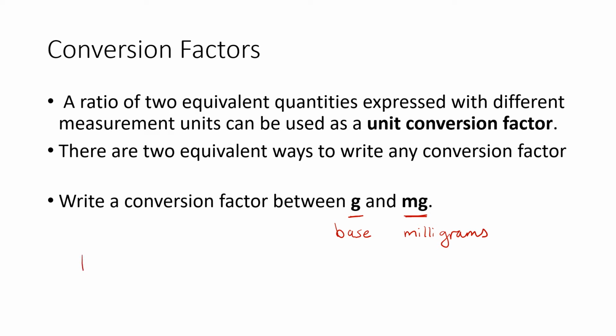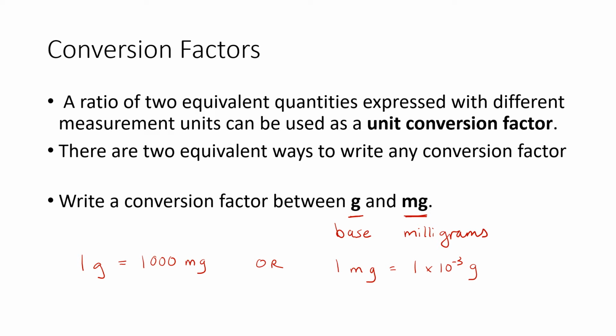We could say that 1 gram is equal to 1,000 milligrams, or we could also say that 1 milligram is equal to 1 times 10 to the negative third grams, or 0.001 grams. Either of these would be appropriate conversion factors.